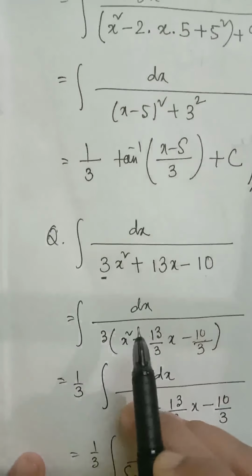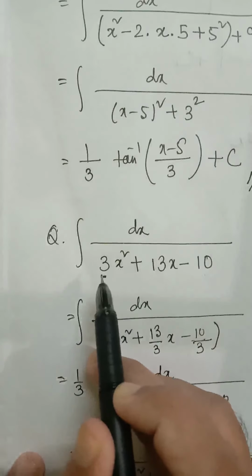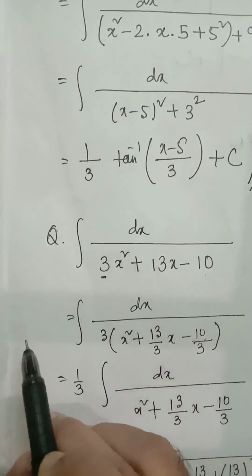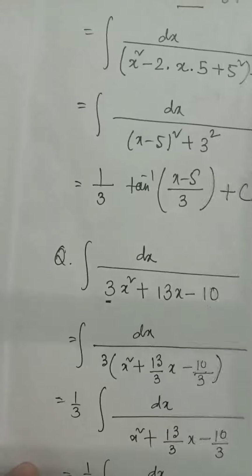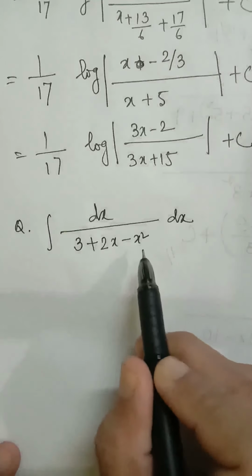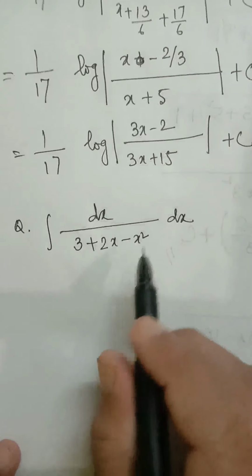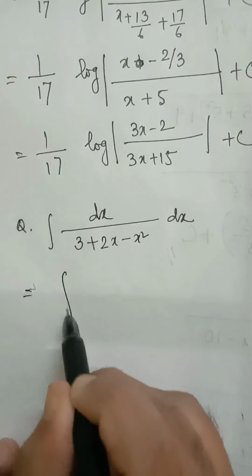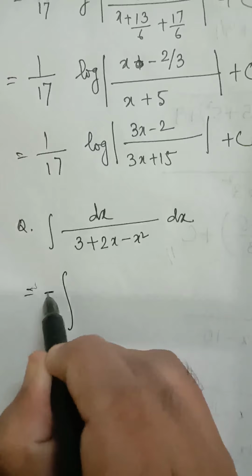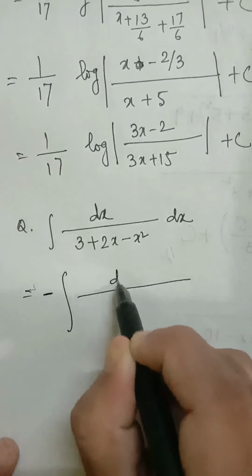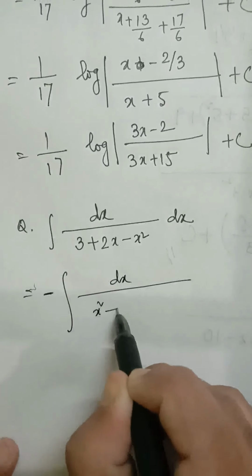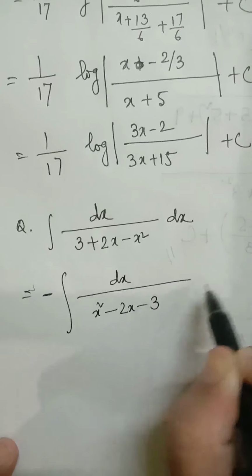In the first step, I took the coefficient of x square common, I took 3 common. Now here also the coefficient of x square is minus 1. So in the first step we will take the minus sign common, so it will be minus of dx by x square minus 2x minus 3.